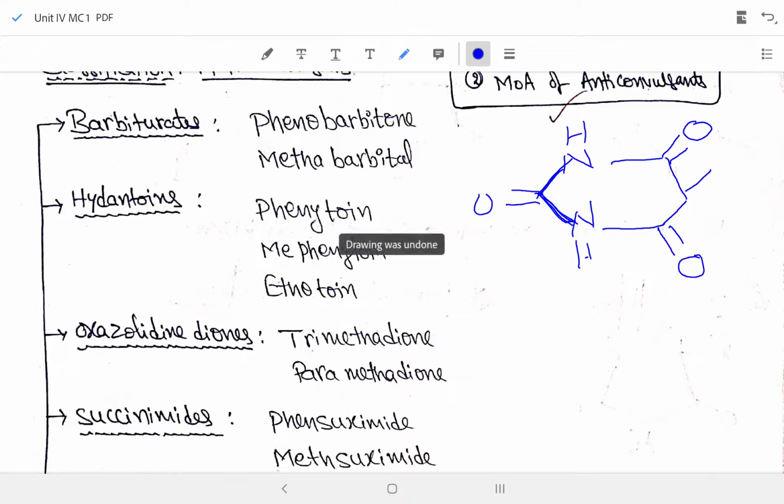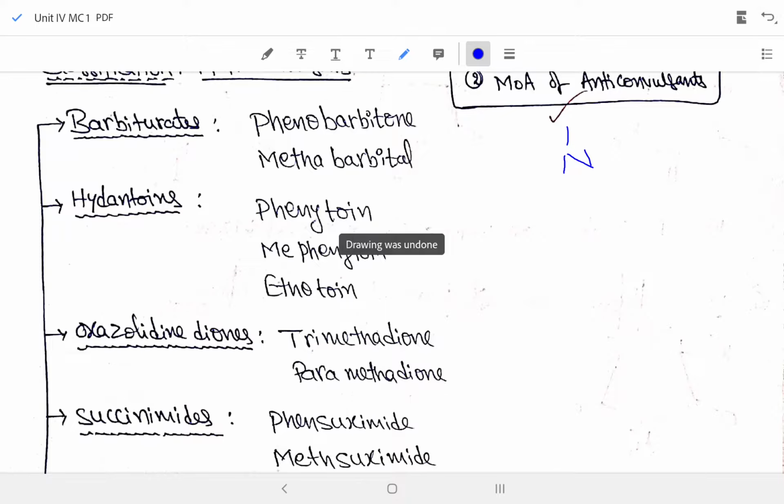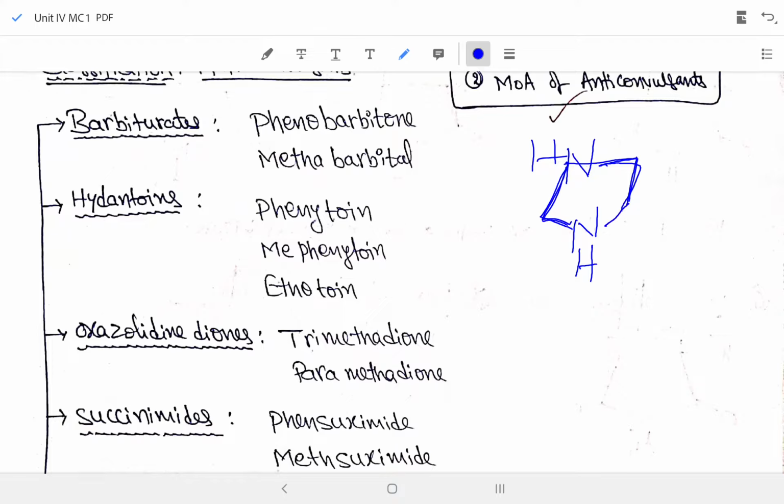And hydantoins. The basic structure of hydantoin will look like this. I am drawing it. It's a 5-membered ring. Here it is NH, NH, no double bonds, C double bond O, C double bond O. This is the basic structure of hydantoins.